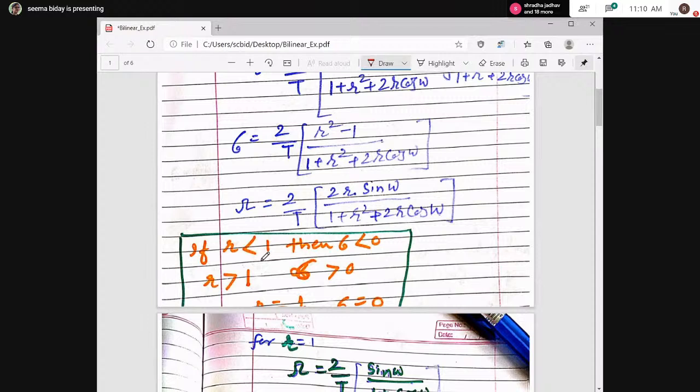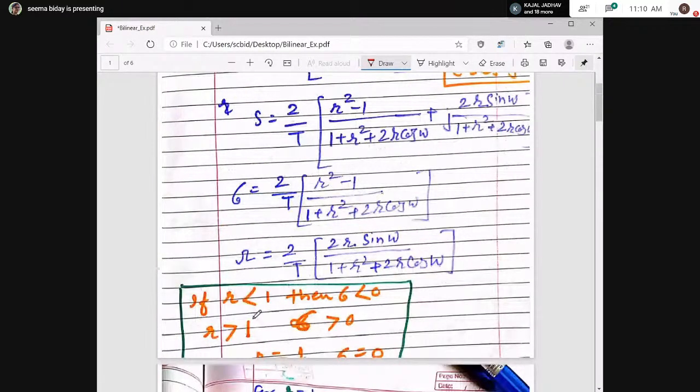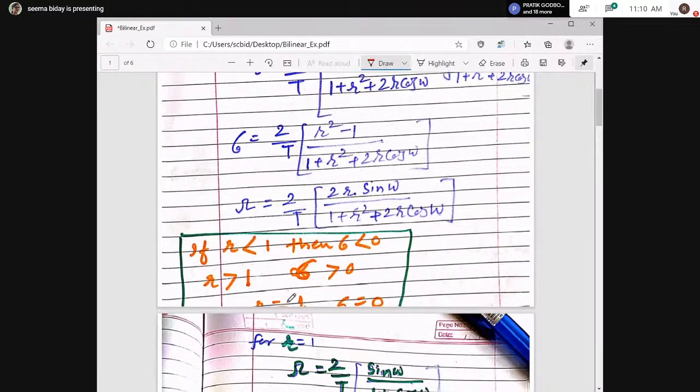In the previous class we have seen this. So with this we can confirm that if the analog filter is stable, the digital filter will also be stable, right? And if r equal to 1, sigma equal to 0, which means the entire j omega axis is mapped onto the circle of radius r equal to 1.